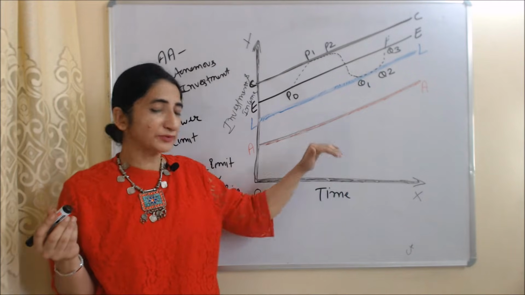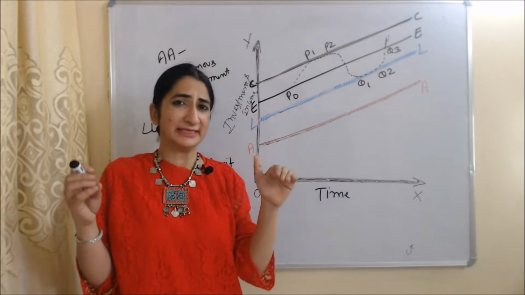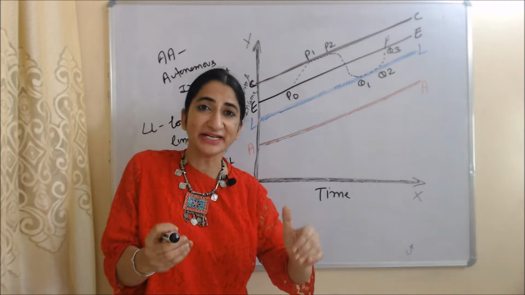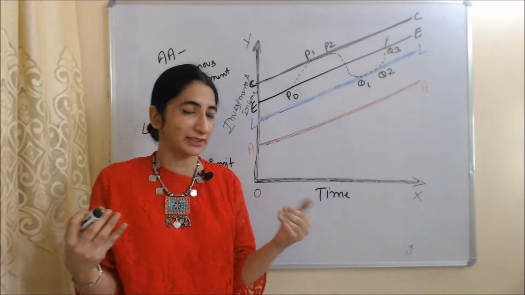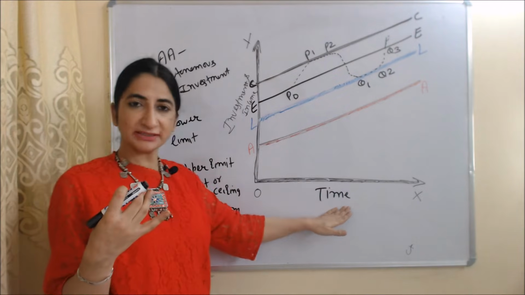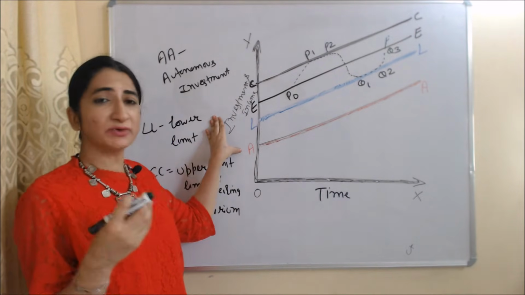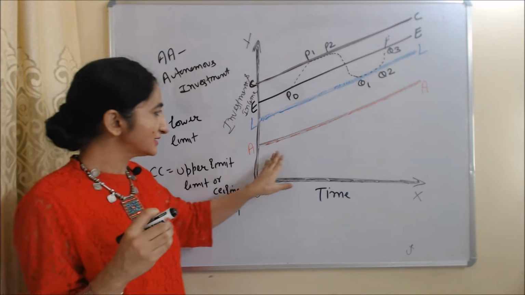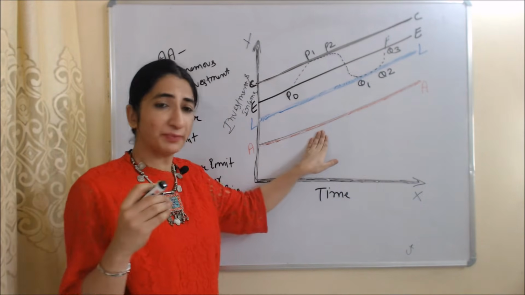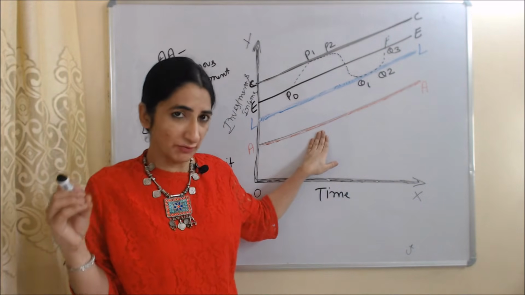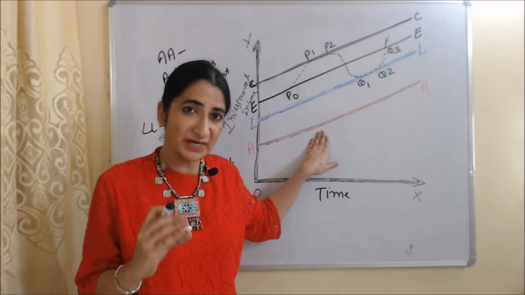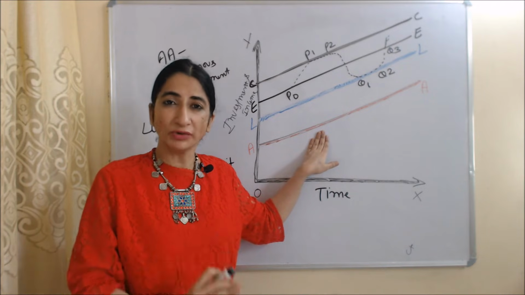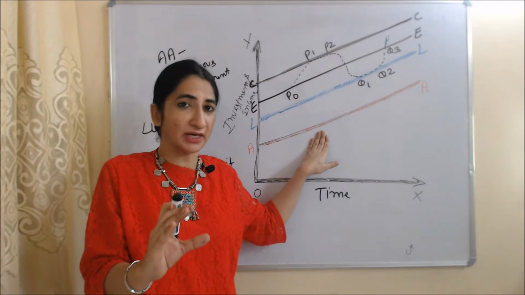Now with the help of this diagram, we will clearly understand how interaction between multiplier and accelerator produces trade cycle. In this diagram, on the x-axis we have time, and on the y-axis we have investment and income. This AA line represents autonomous investment, which, as we earlier discussed, is done by government and whose motive is not earning profit.